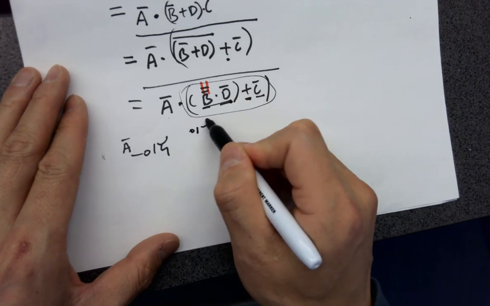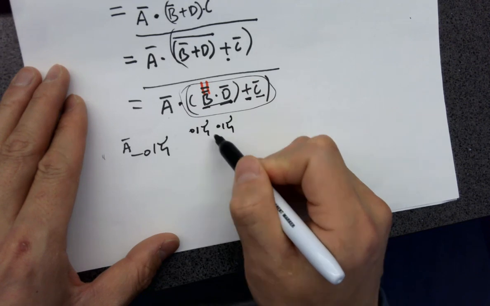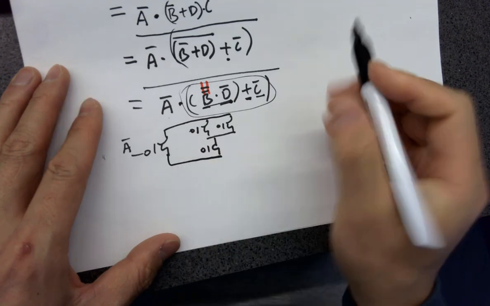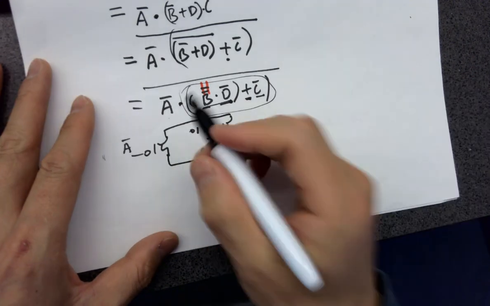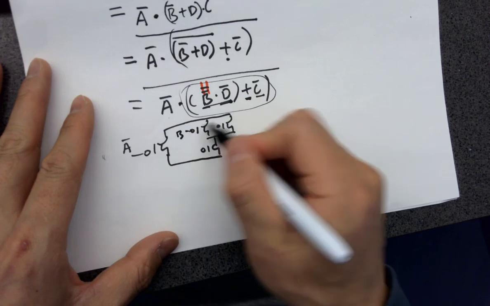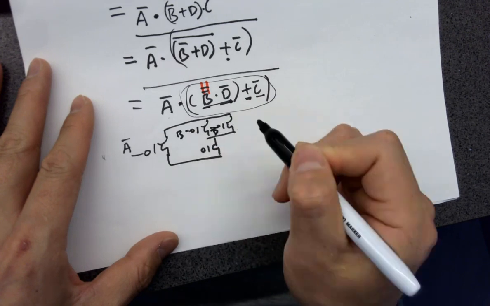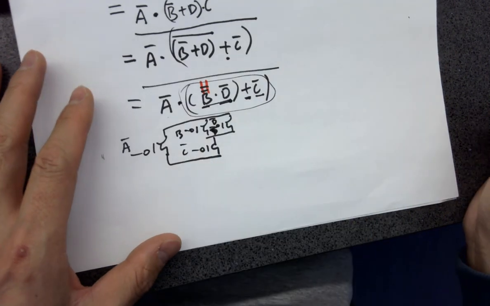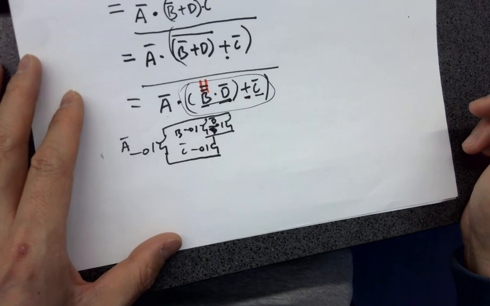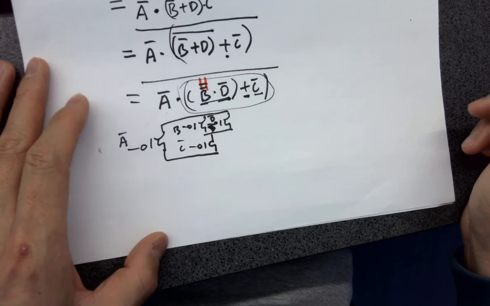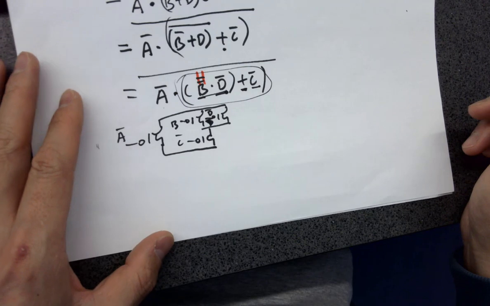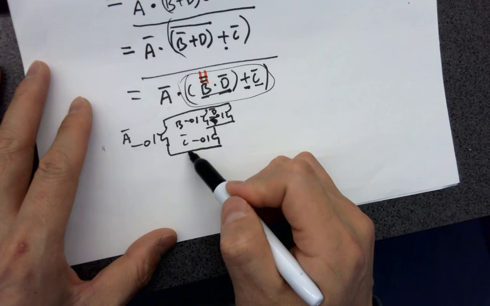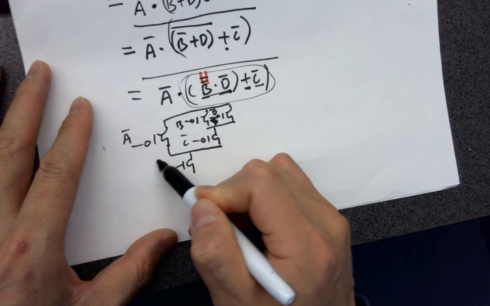We're having B, D naught, sorry, D naught, and this is C naught. And because it's a NAND gate, A naught has to be in series with the whole thing.